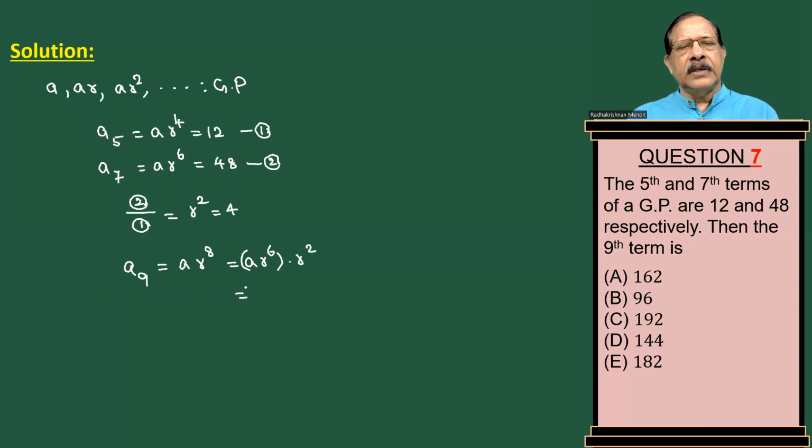A into R raised to 6 is A7, which we already know is 48, and R squared is 4. So 48 into 4, you will be getting 192. So instead of finding R and substituting, you can find the answer by using R squared itself. So the answer for that question is option C, 192. Thank you.